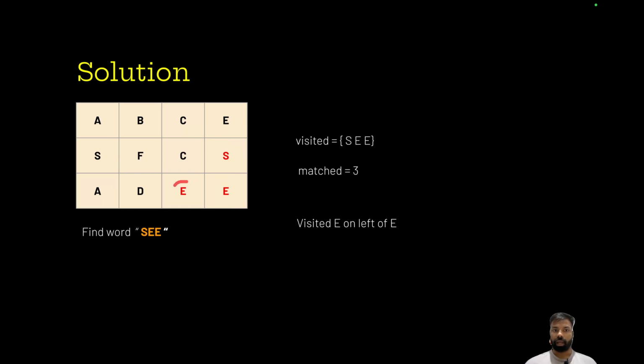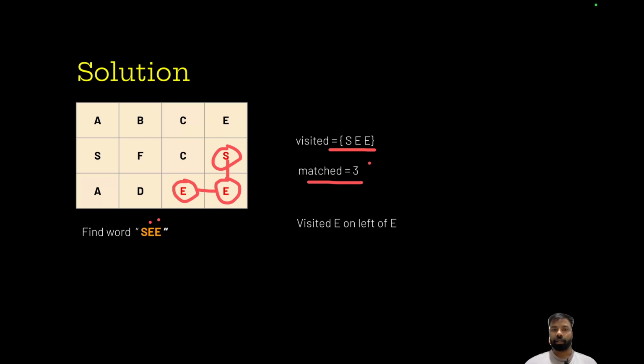Now again we are able to find another E. We had to find E right after we have found the first E. Okay, so this time we will add it to the visited. Okay, and in the visited we have all the letters, and matched is updated to 3, which is the length of the total visited characters.